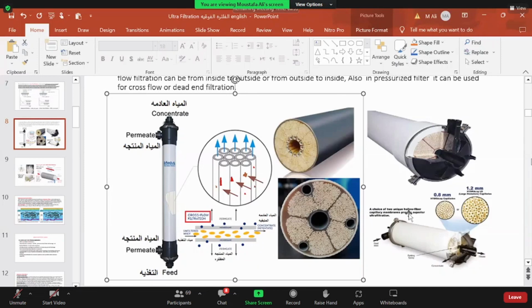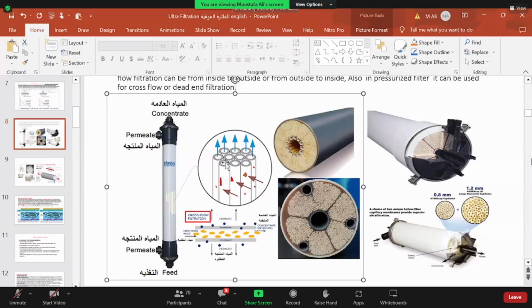The fiber diameter for the flow is, of course, very important because the flux is controlled by the surface area, which in such a case is considered as the outer diameter for outside to inside flow, or the inner diameter in case of inside to outside flow.